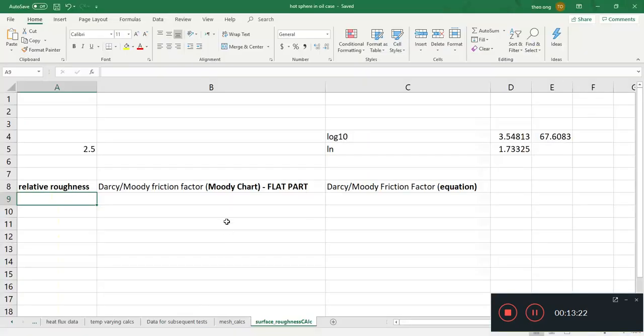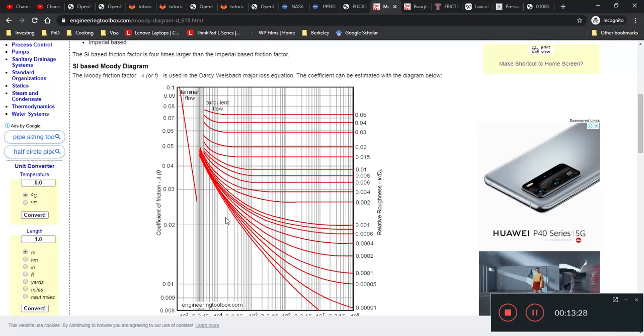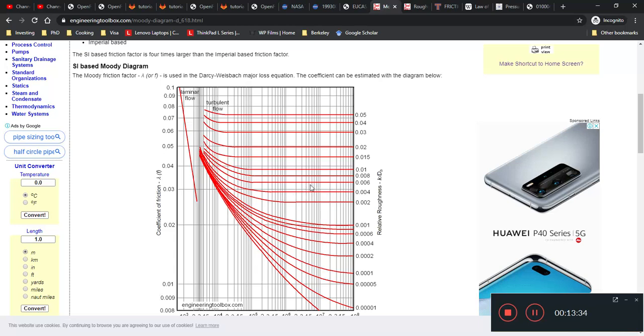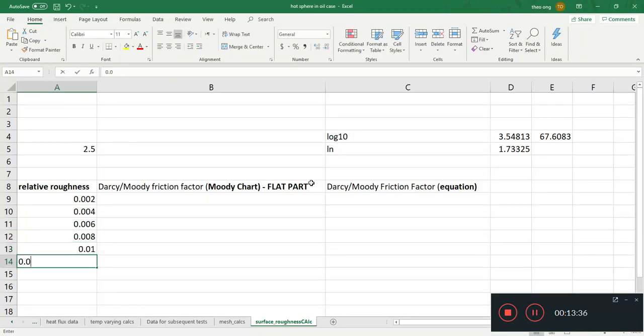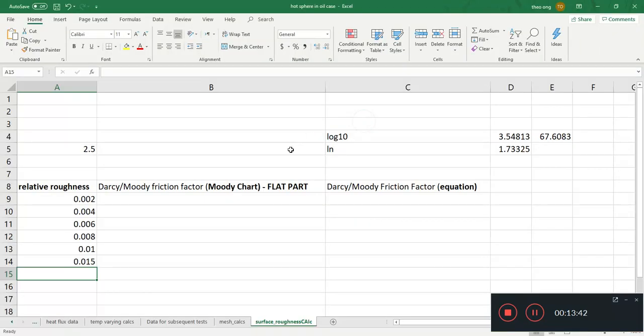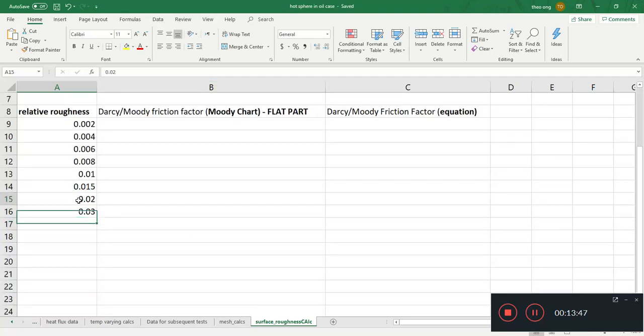So let's put 0.02, 0.04, 0.006, 0.008, 0.01, 0.015, 0.02, 0.03, and then I'll just drag down to 4 and 5.